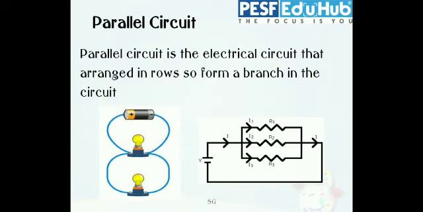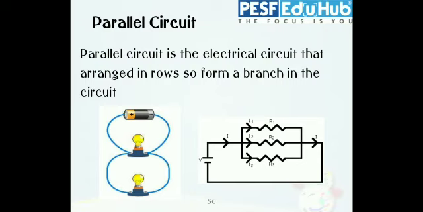So the current splits into three, I1, I2 and I3, and combined they make the total current I flowing to the end of the battery. This means that in a parallel circuit, the current flowing through each resistance is different, and the voltage across each resistance is the same.